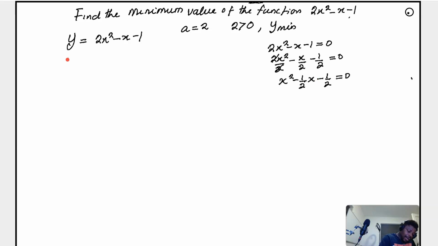So come back here, right? Y is equal to, what is the coefficient of the variable with the highest power? 2. Then you open a square bracket. Then you write everything you have here. So x squared minus 1 over 2x minus 1 over 2. Okay?